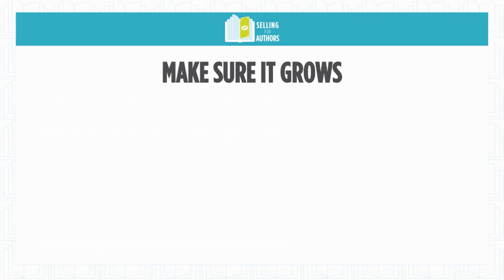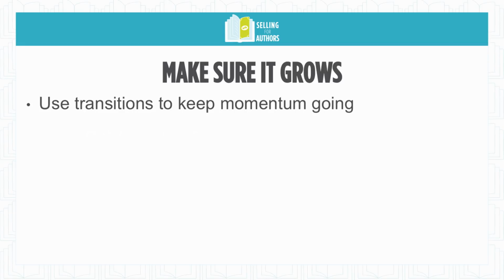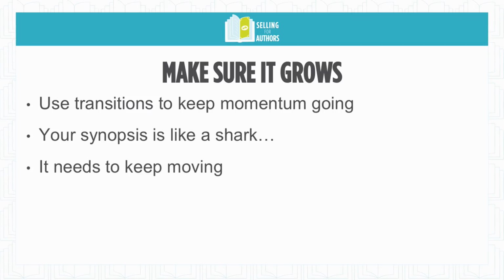You also want to make sure there's momentum that's growing throughout this description. So you want to use transitions to kind of keep transferring the energy from one sentence to the other. You don't want it to just fall flat, because your synopsis is like a shark. It needs to keep moving to pass that water over its gills and keep breathing.